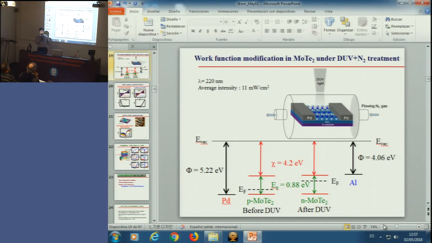To remove that, you flow nitrogen to combine with the oxygen and make NO2 or NO3, and you also need energy, so you apply some energy using deep UV. That effectively treats the surface, so it becomes N-type.